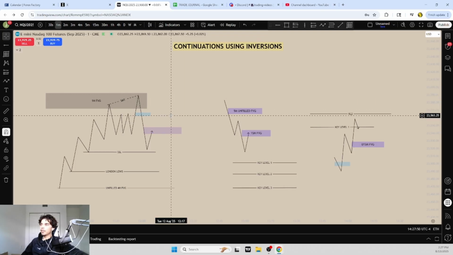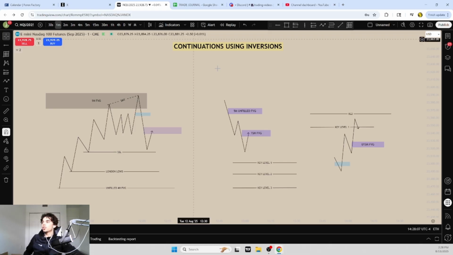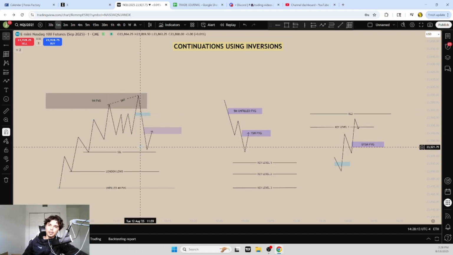So let's say we have a condition open up. So we're like, cool, we have a condition open up. If price trades into it, I want to see an inversion coming out of it, and we still have targets below us to set as our take profit areas, right? Our key levels. So what do we get? We missed our original entry. That's perfectly fine. Even though we swept out these lows, we can clearly see the trend is shifting.